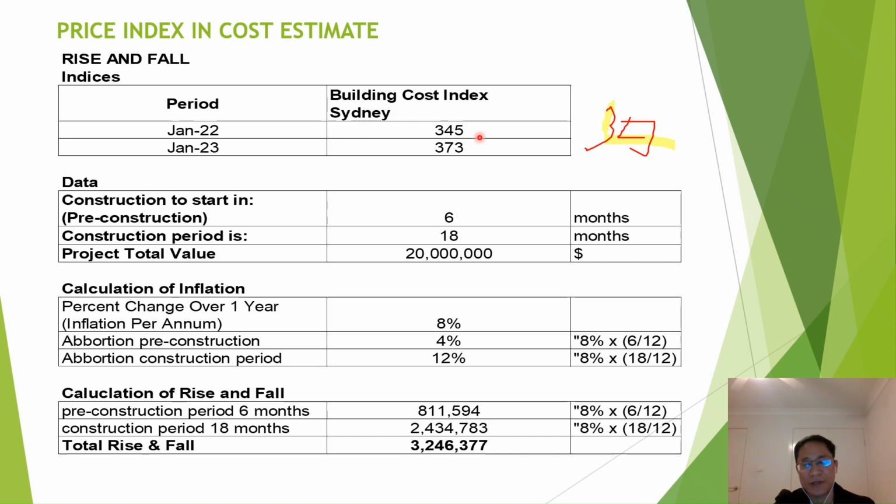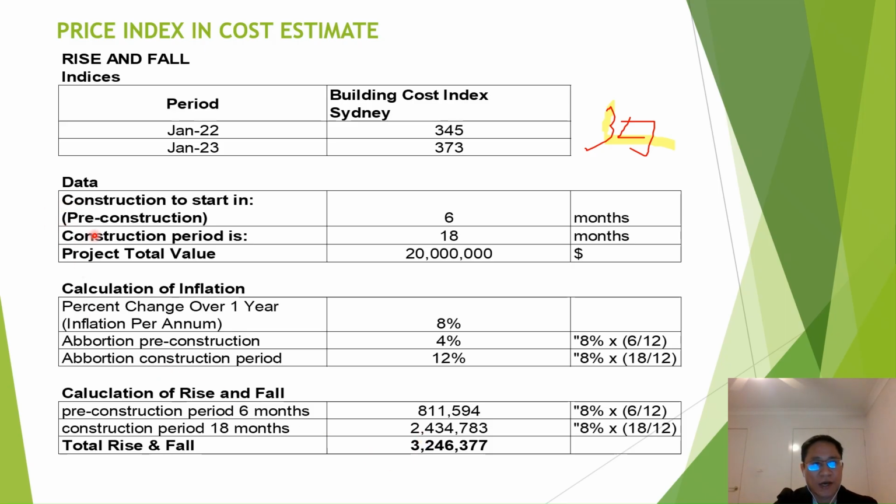We can refer to some published tables, maybe IIQS or any tables from consultants which we consider appropriate. So the building cost index is 345 and 373.